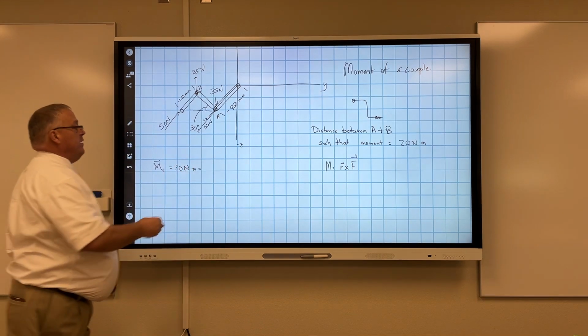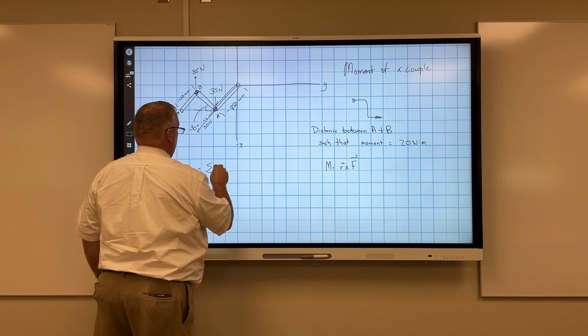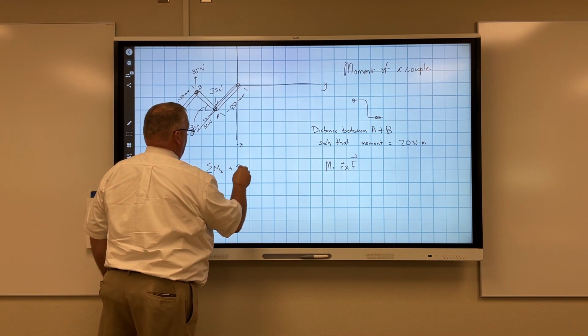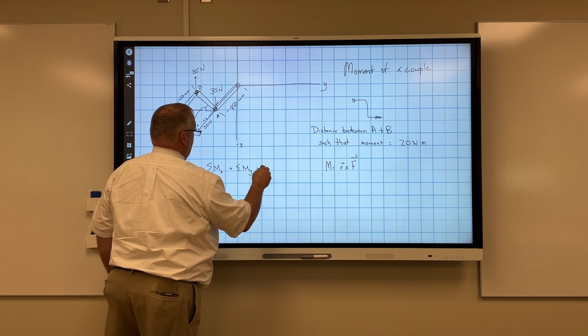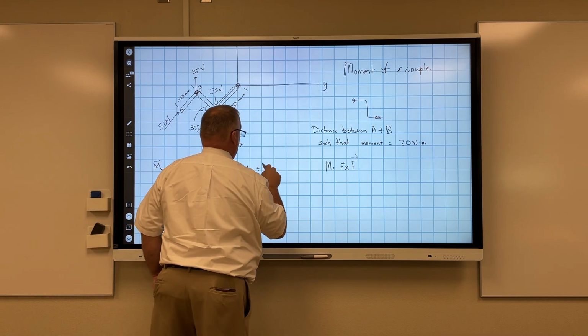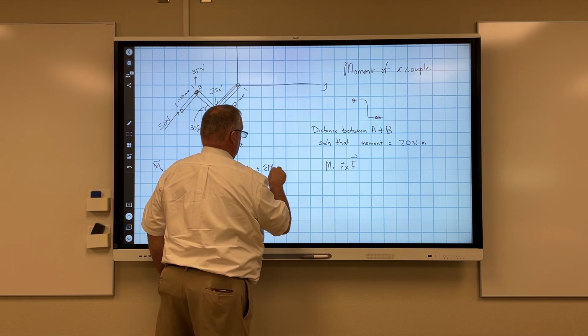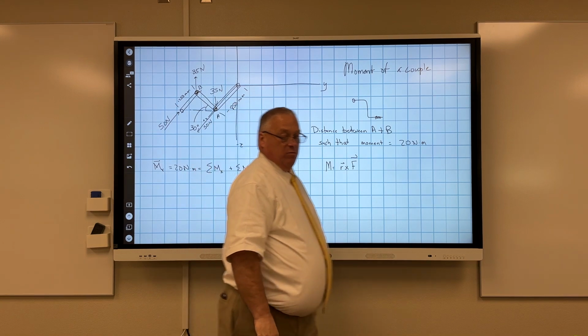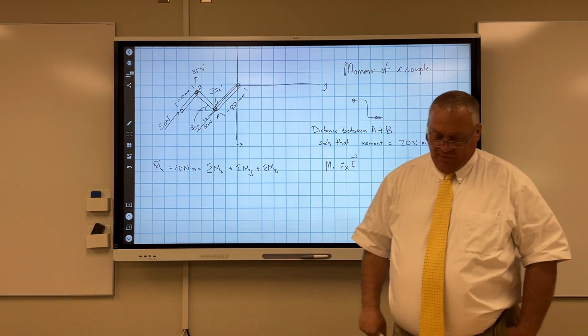The sum of all of the moments in the X and the Y and the Z direction. So we're looking for that. How can we find that?